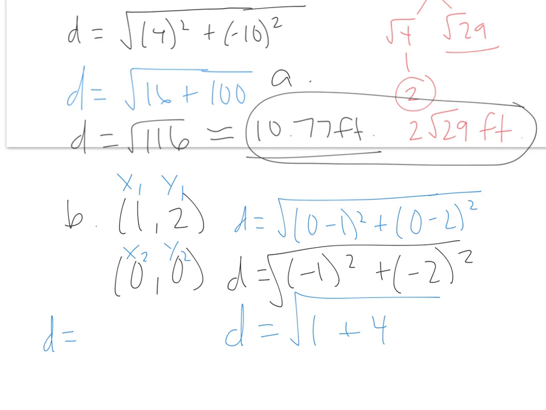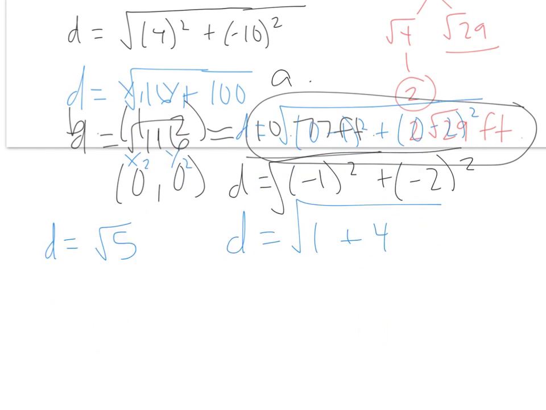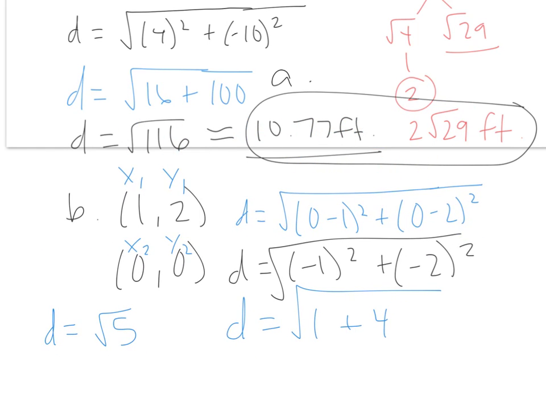So here, my answer could be square root 5. Or if I decide to figure out what that simplifies to, that would be 2.24 feet. So I could choose either one of those for my answers. And I can't break down 5 because there's no perfect squares that go into 5. So I could say square root of 5 or 2.24 feet could be an acceptable answer.